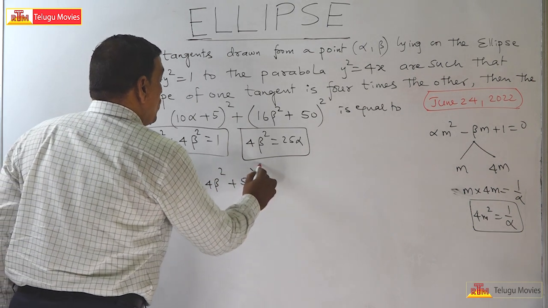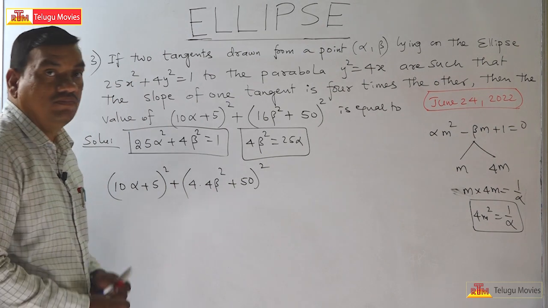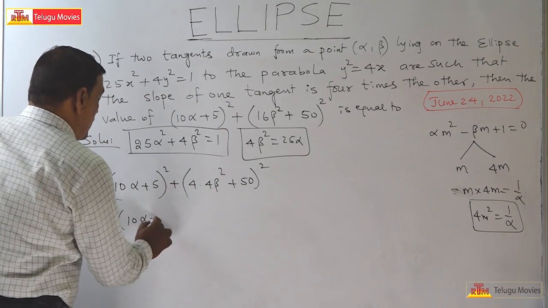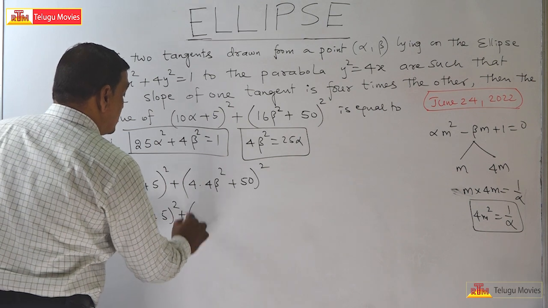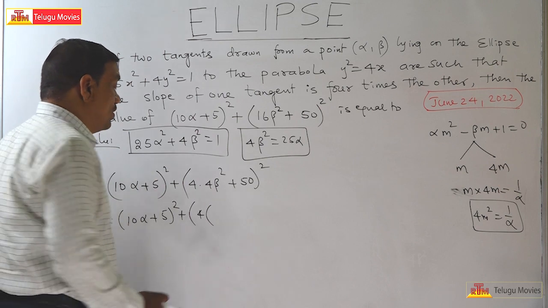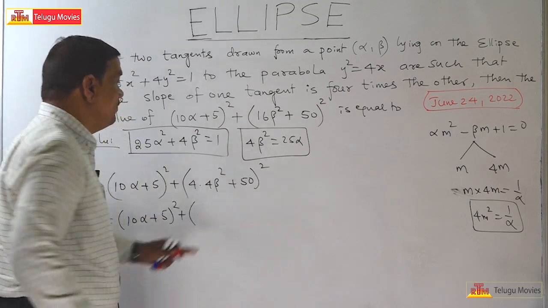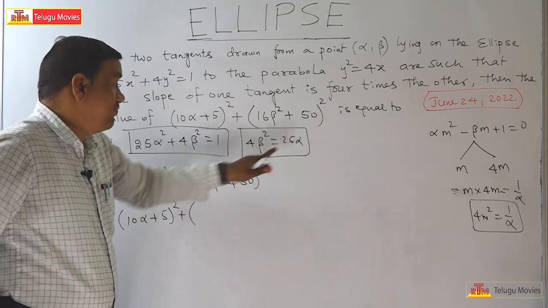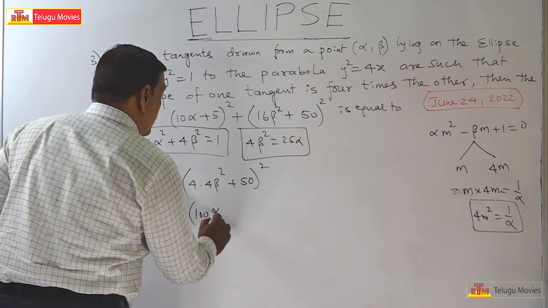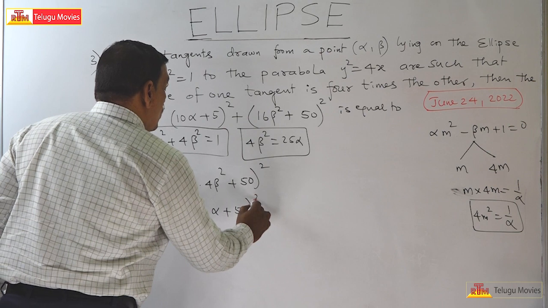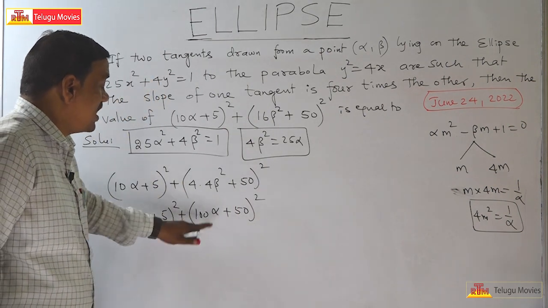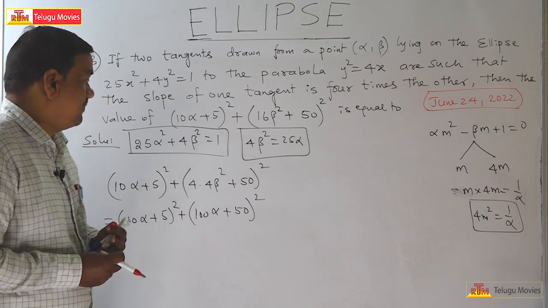So this is equal to 10 alpha plus 5 whole square plus 4 into 4 beta square, whose value is 25 alpha. So I can directly write 4 beta square is 25 alpha, already 4 is there, 100 alpha plus 50 whole square.